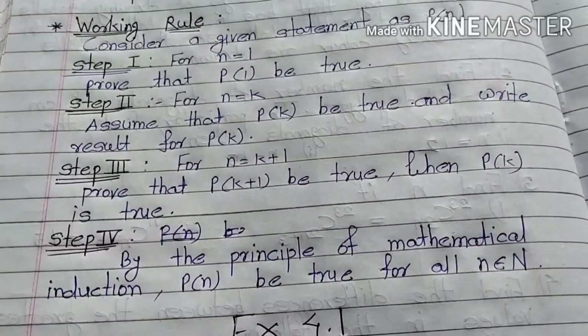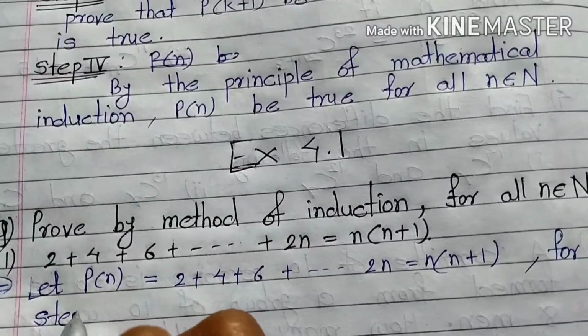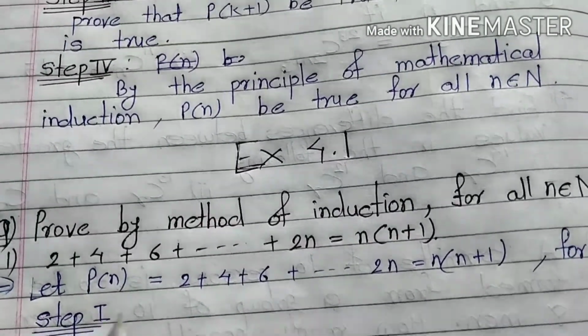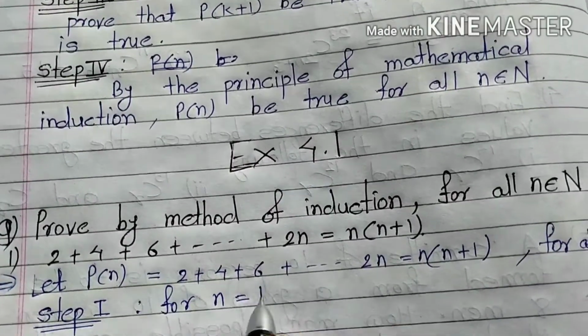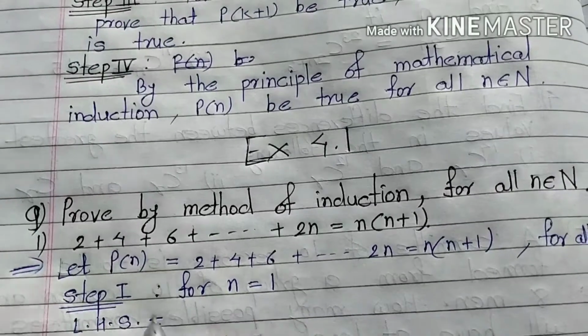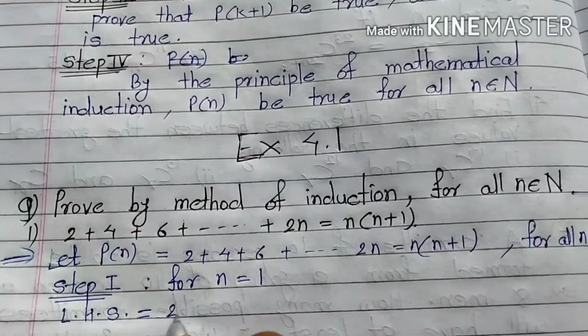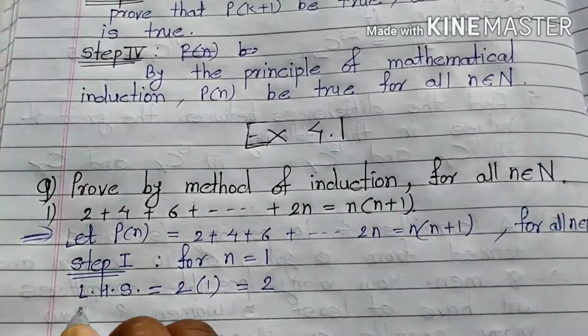Now step first, for n equal to 1. So take LHS. So here LHS is 2 into 1, which is equal to 2.